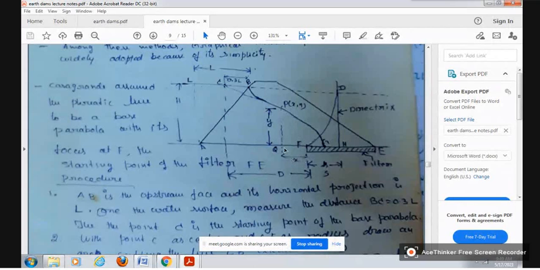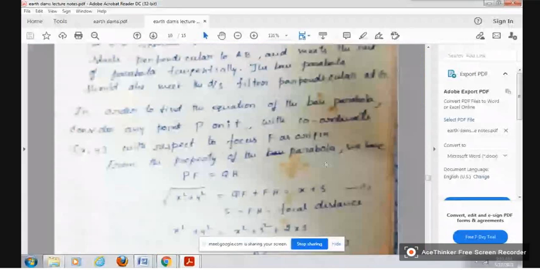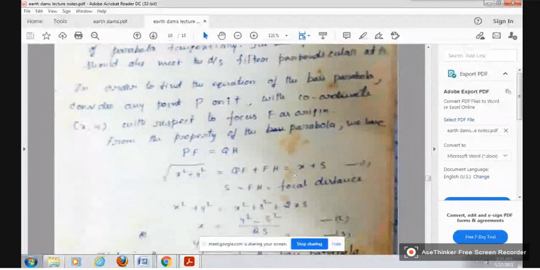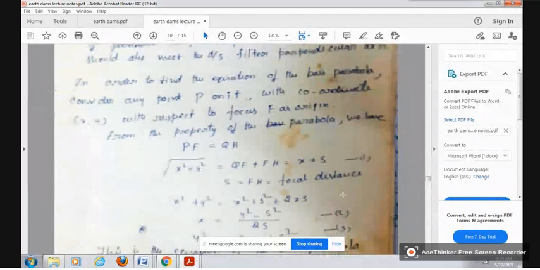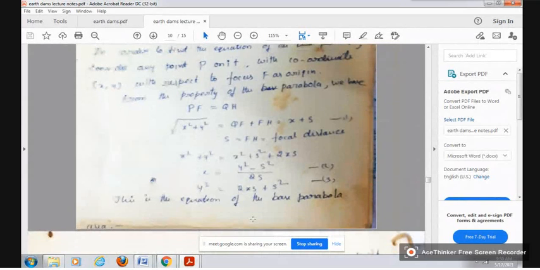Let us say this is X and this is Y. So PF is equal to square root of X square plus Y square, and that is equal to X plus S. So PF is equal to QH: square root of X square plus Y square is equal to X plus S. S is the focal distance. From this we get an equation: Y square is equal to 2XS plus S square. This is the equation of the base parabola.